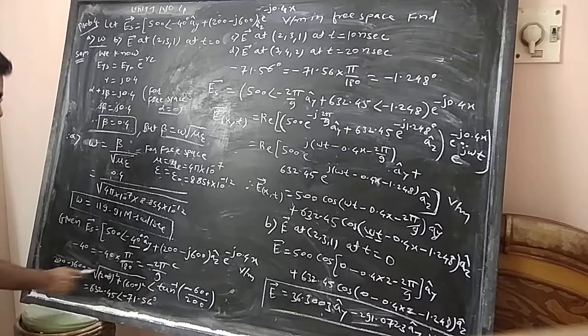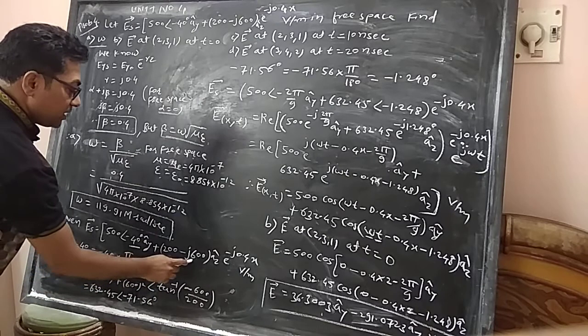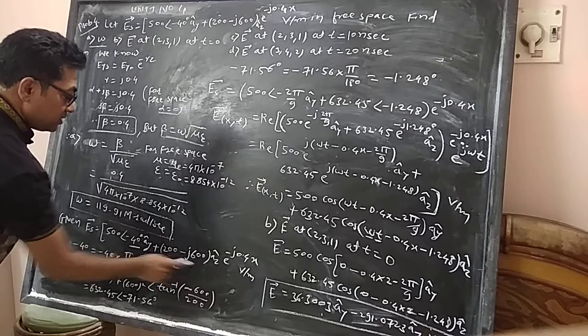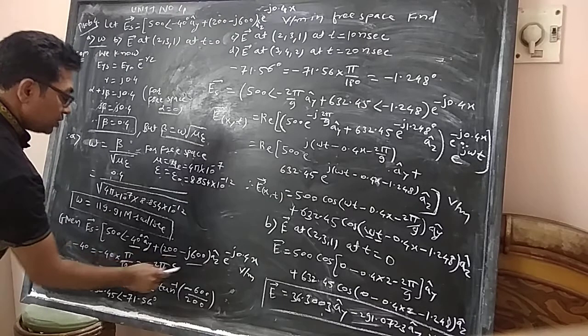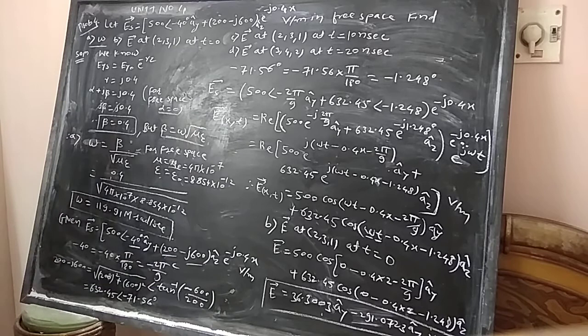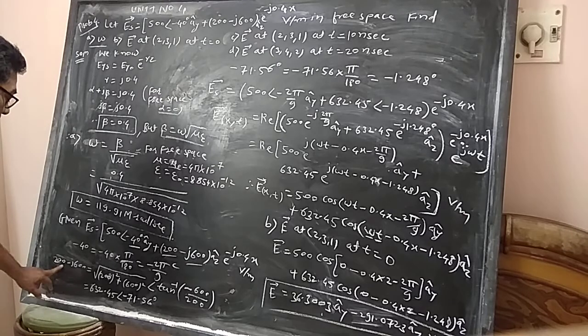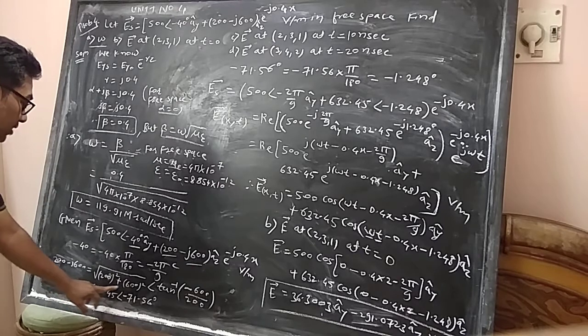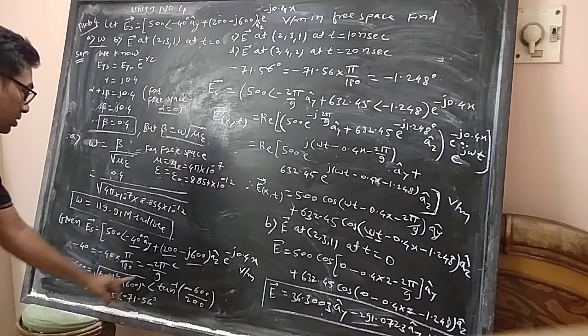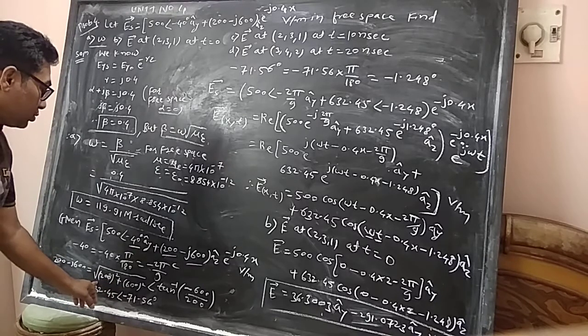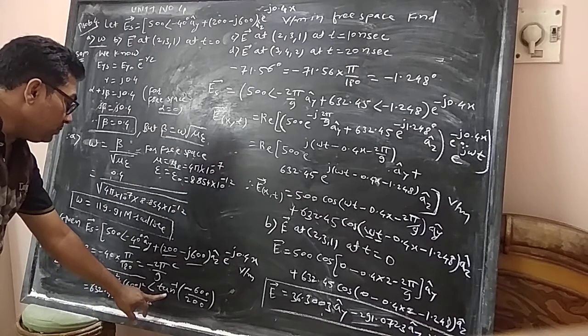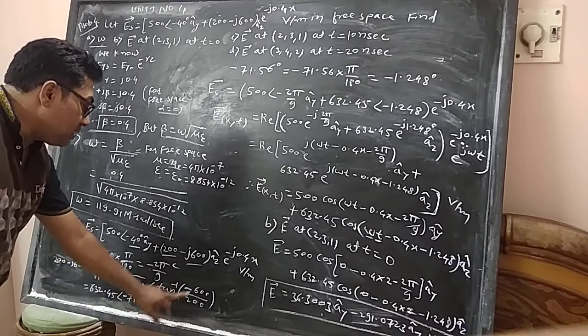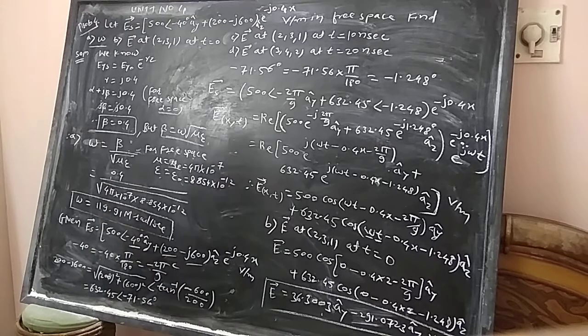Similarly for the other term, 200 minus j 600, this is the real part and this is the imaginary part. To calculate the value in terms of angle, we always take the square root of the square of the real component plus the square of the imaginary component. So the square root of 200 square plus 600 square, and the angle is tan inverse of the imaginary component to the real component.